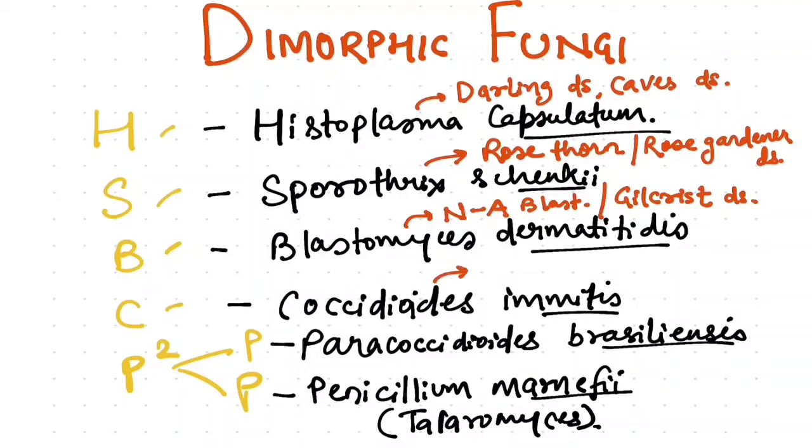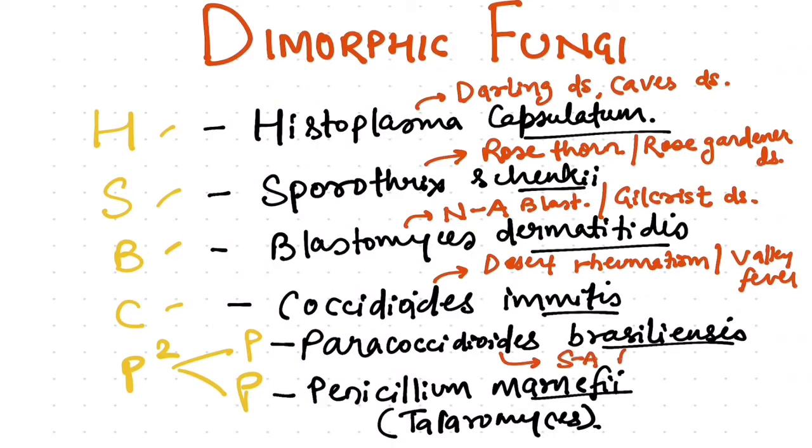It causes coccidioidomycosis, and it is known as desert rheumatism, or it is known as valley fever. Then the next is Paracoccidioides. It causes paracoccidioidomycosis, and the common name is South American blastomycosis.